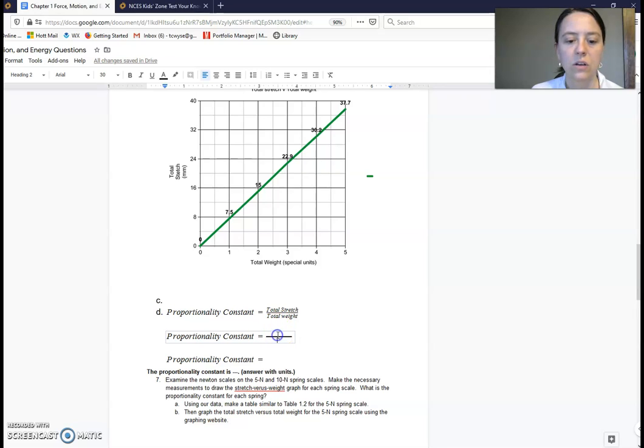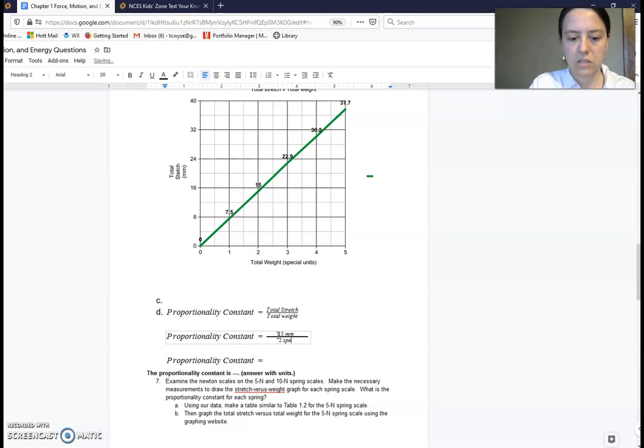So I need to go in here carefully and enter 15 millimeters, and then I use my right arrow to go to the end, and it goes down to the bottom of the fraction bar for me. And I'm going to enter in my 2 special units.